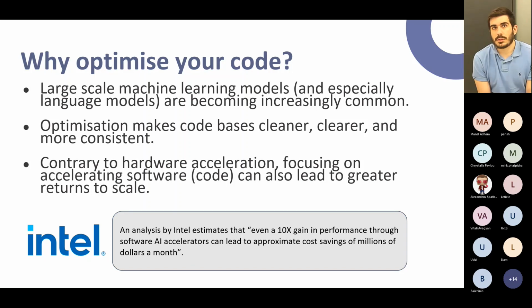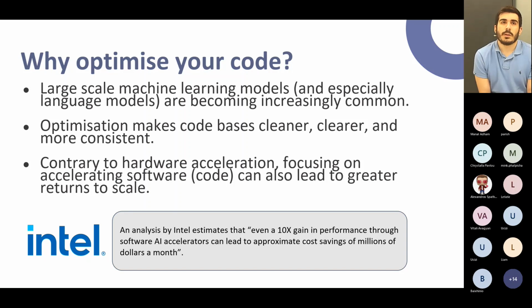In contrast to acceleration, so buying more hardware, getting better computers, changing your code and structuring your code better leads to greater return. It doesn't have as much of a cost, and at the end, it scales better.